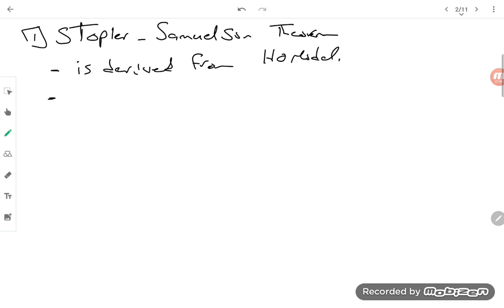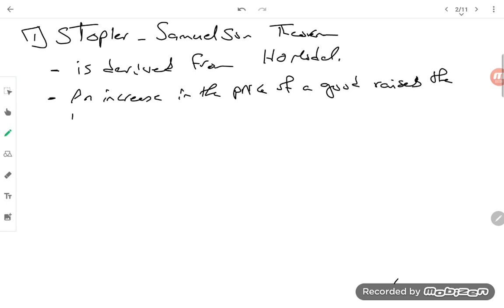According to this theorem, an increase in the price of a good raises the income earned by factors of production. Not all the factors of production actually, but factors that are used intensively.